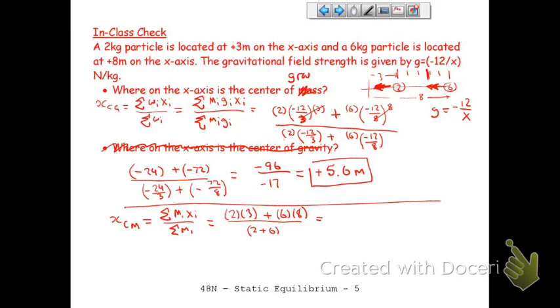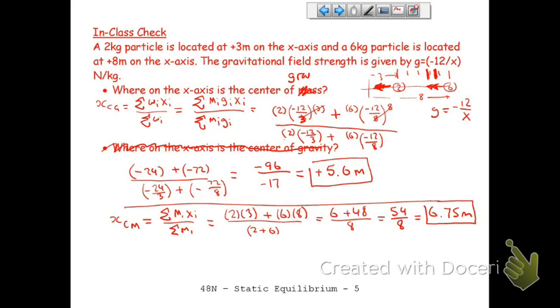So that would be 6 plus 48 over 8, which equals 54 over 8. 5 8s are 40, 6 8s are 48. So that's 6.75. So the centre of mass is 6.75, which is there.